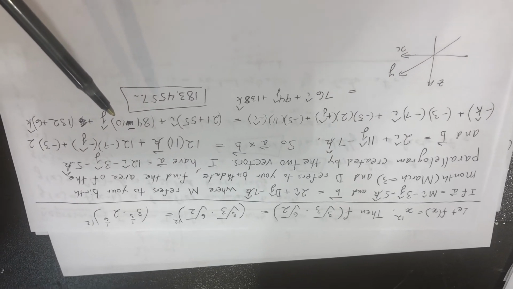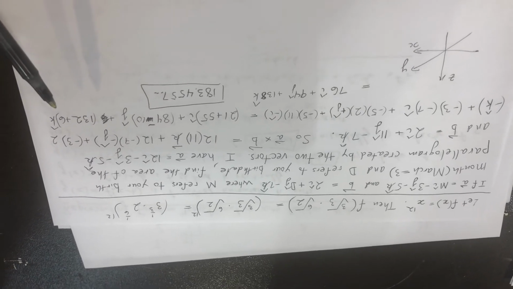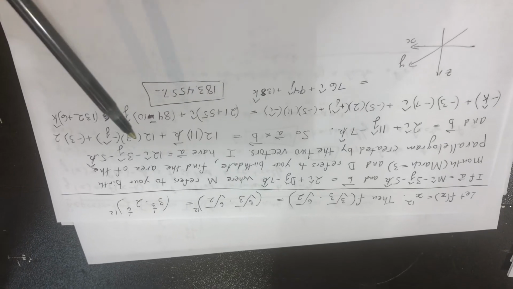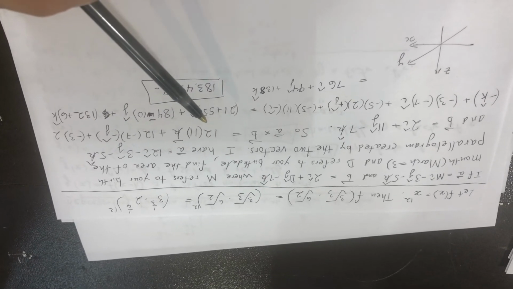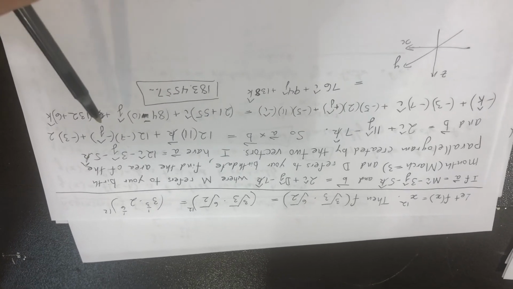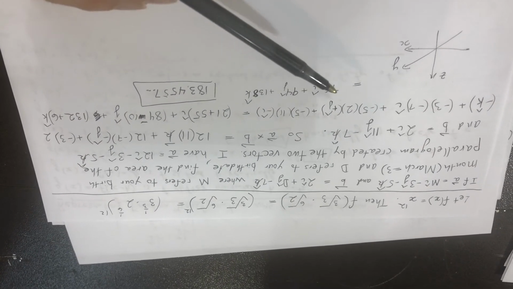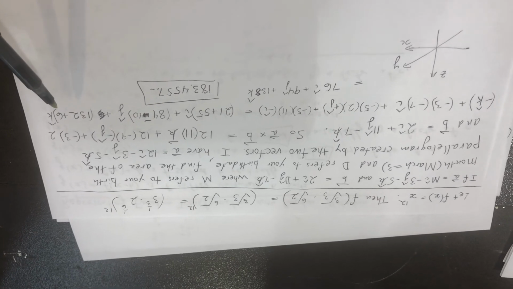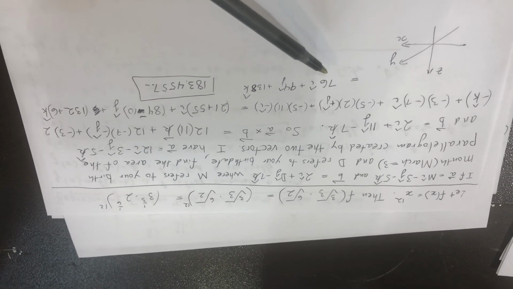And then we have our k's. So for our k's, I've got the 12 times 11, and then we've got the negative 3 times negative 2. All right, so that's 76.